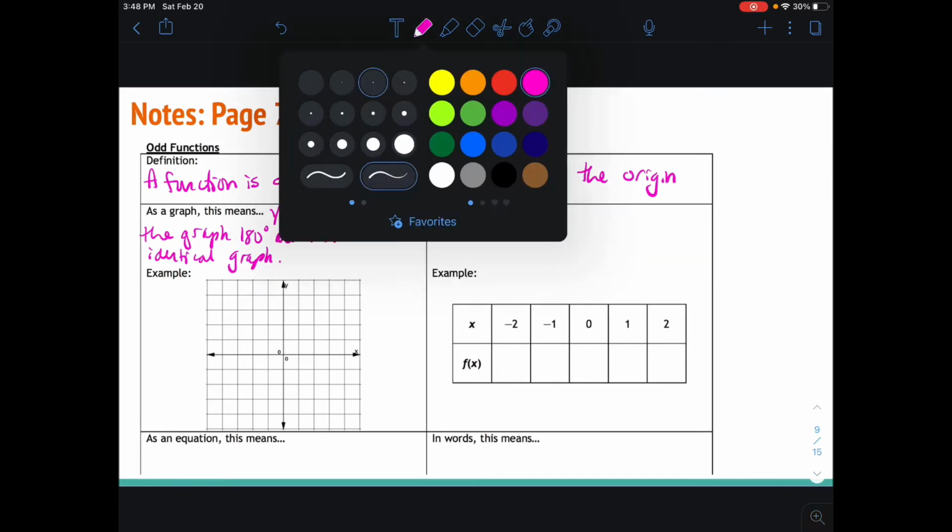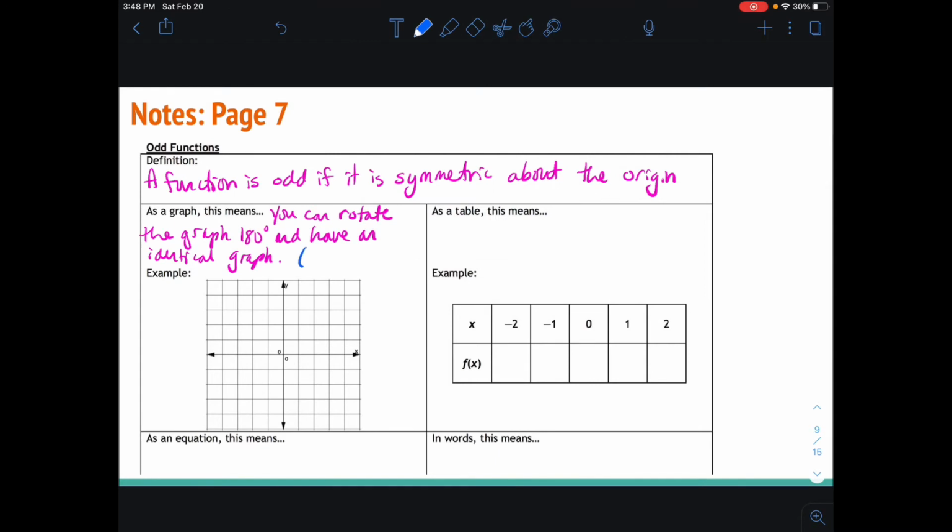You could also say, and this is what I was talking about before, that you can reflect over both axes, essentially. So we can reflect over the x-axis and then the y-axis. Again, you'll then produce the same graph. So let's take a look here.